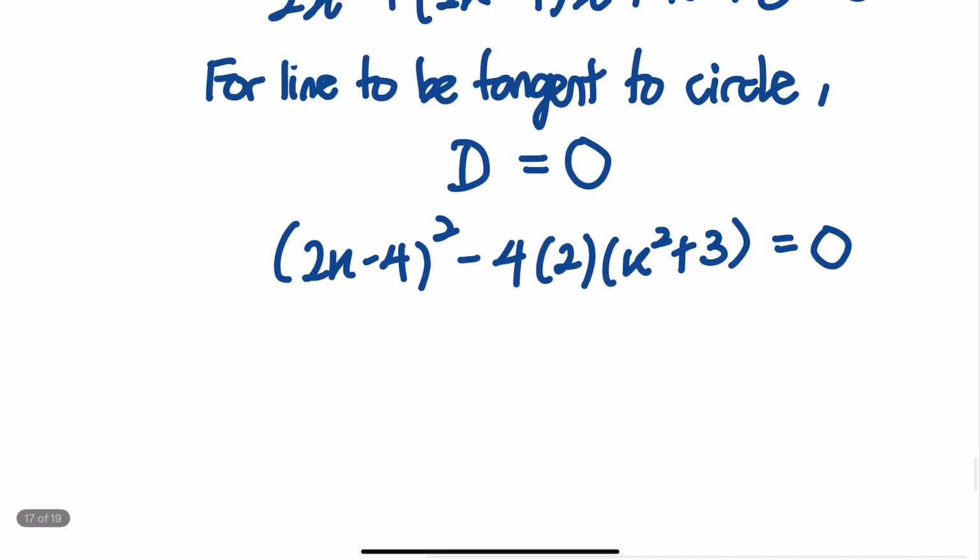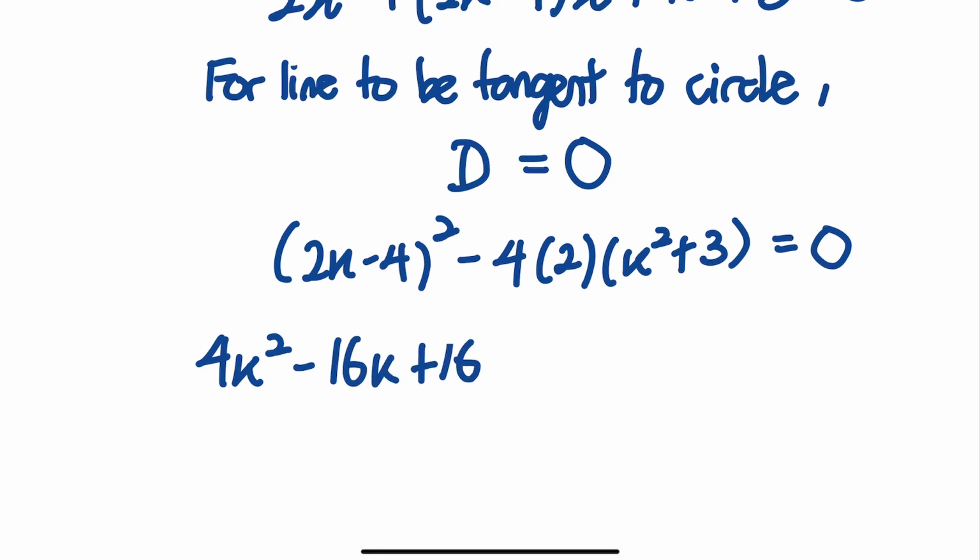If we continue to expand and simplify, 4k squared minus 16k plus 16 minus 8k squared minus 24, this whole thing is equal to 0.